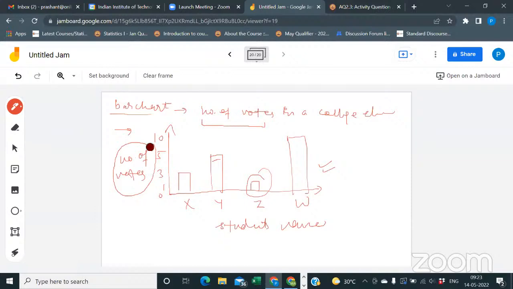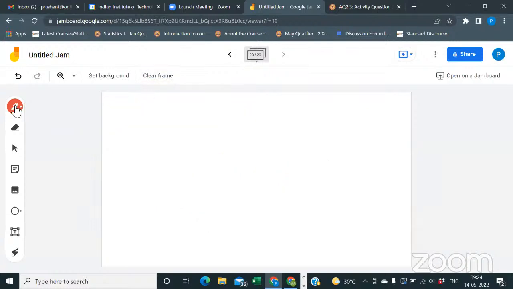Okay. So here also we can convert this to a pie chart? Your voice is breaking. I'm asking that for the previous question, it can also be converted into a pie chart, no? Which one?